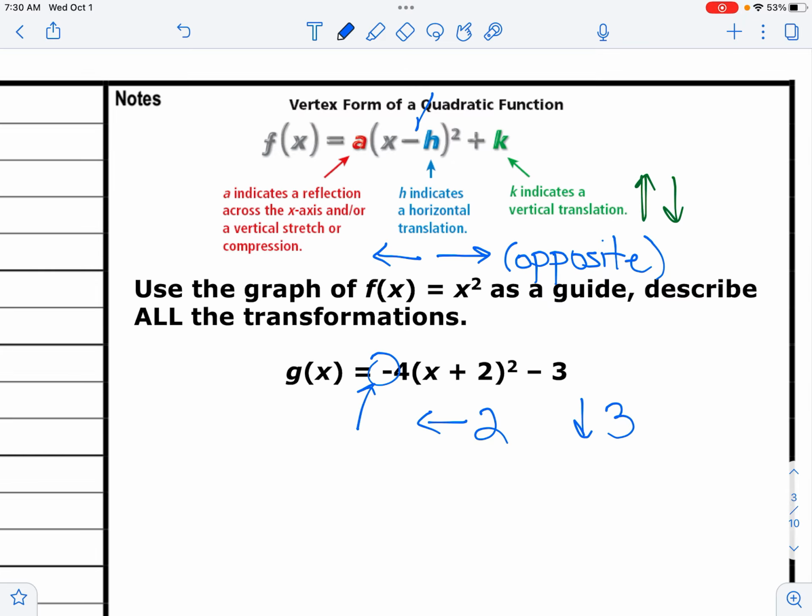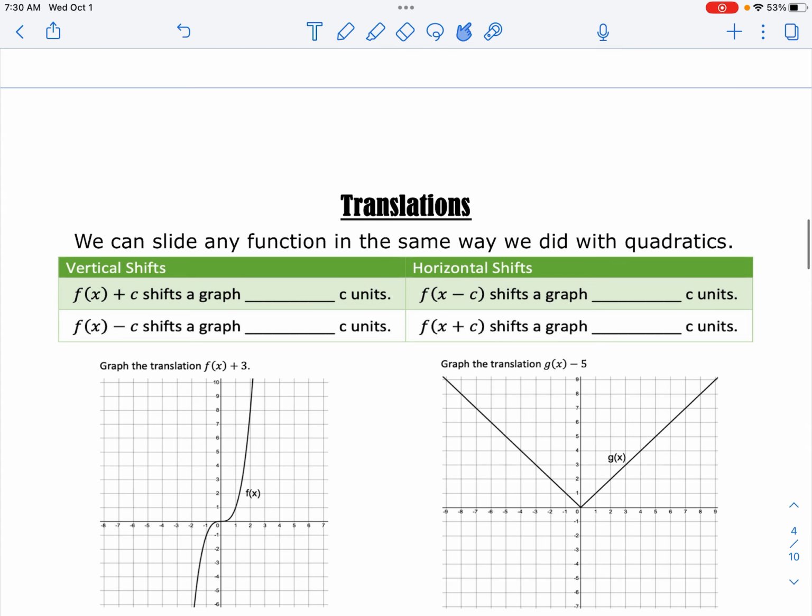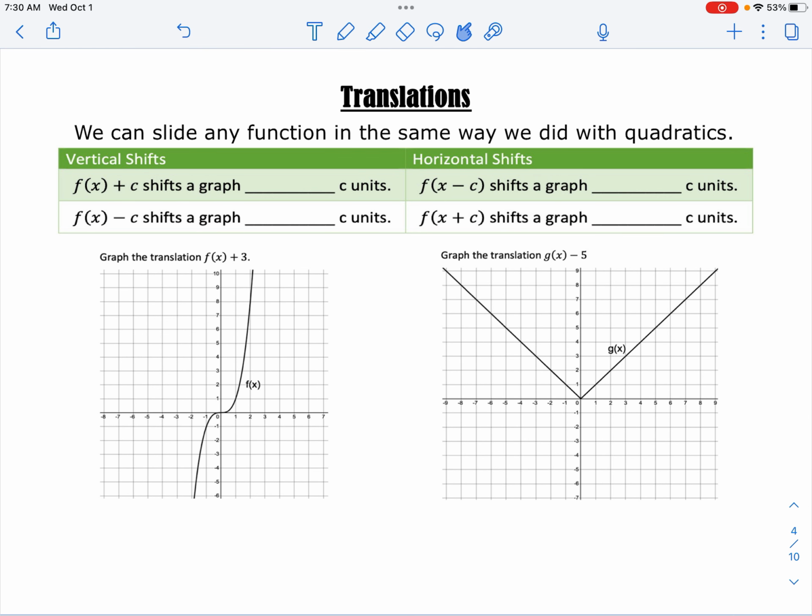Now the reason we're going over that is because this works for all other functions as well, or most other functions, I should say, in a very similar manner. So translations. We can slide any functions in the same way we did with quadratics. So that's why we just talked about that. So vertical shifts.